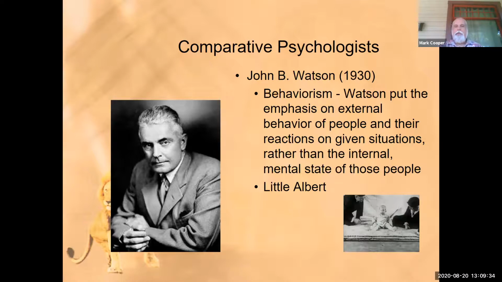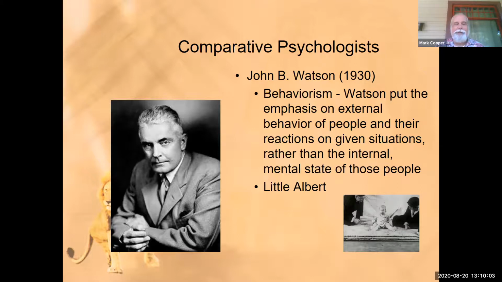What he did is the kid liked furry little animals, like dogs and rats and things. And so he introduced those to Albert, who at first liked them. And then he would show it to him, and they would have loud sounds go off, which scared him. And so then the association became these furry animals would cause a fear reaction in little Albert.